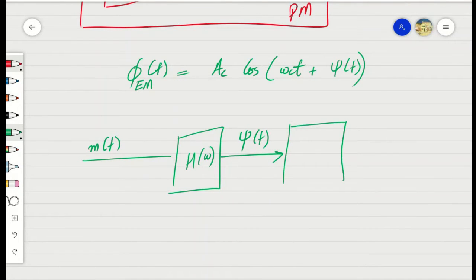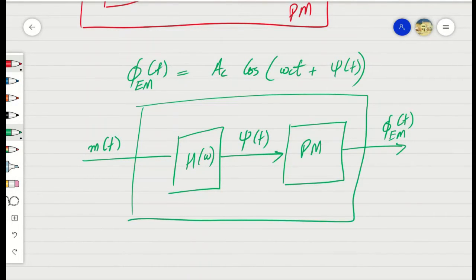If such a signal is provided as input to the phase modulator, then we obtain an exponential modulated signal in generalized form. So for this whole system, which is representing exponential modulation schemes in generalized form, if the response of h of omega is equal to 1, then this system is representing the phase modulation scheme.